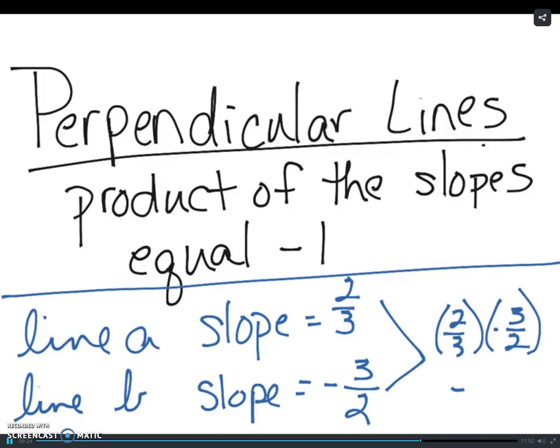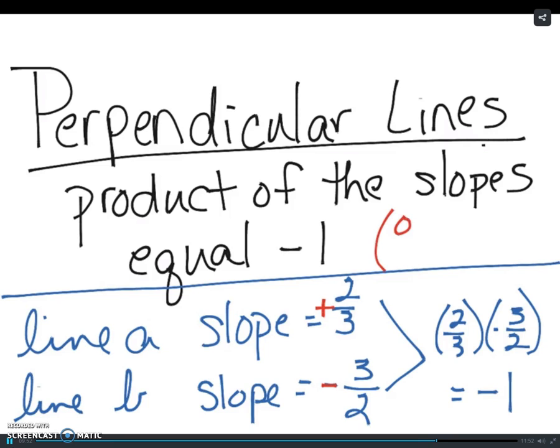When I multiply them, I'm going to get -1. Now, you might also have heard these referred to as opposite reciprocals. The opposites refer to the signs, so this one is a positive and this one is a negative. And then reciprocals means that these are flipped. So this first one is 2/3. The second one is that same fraction but flipped. And so you can use either of those rules.